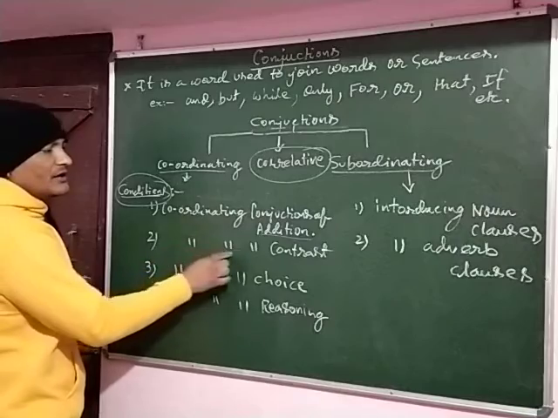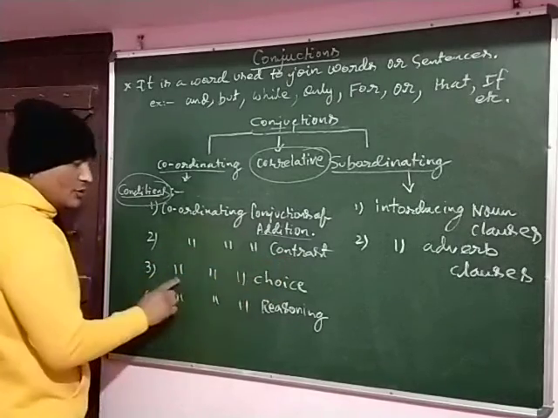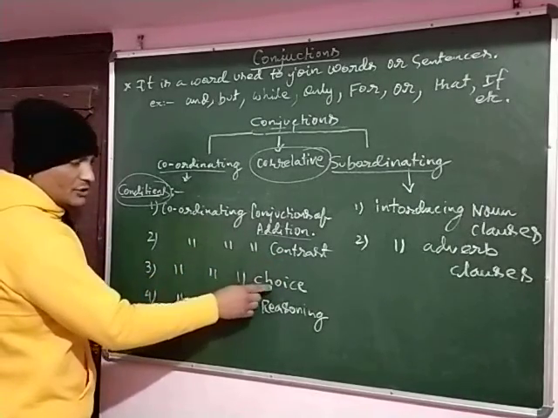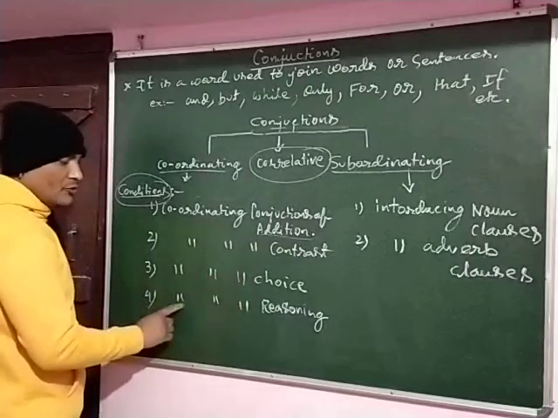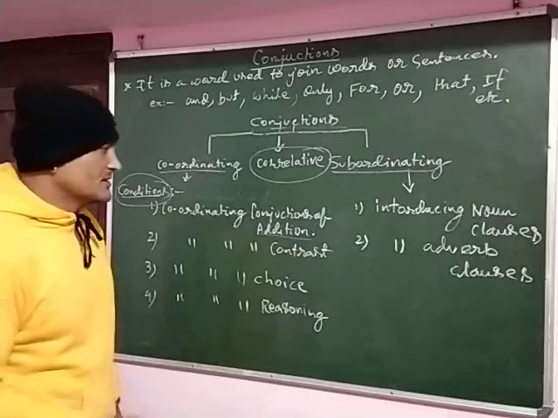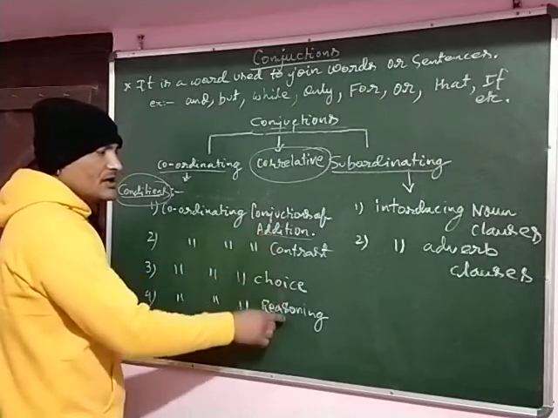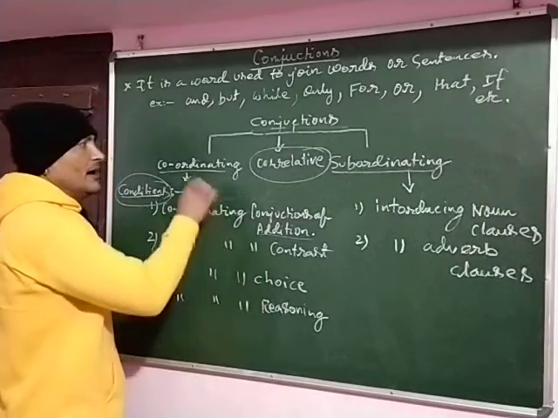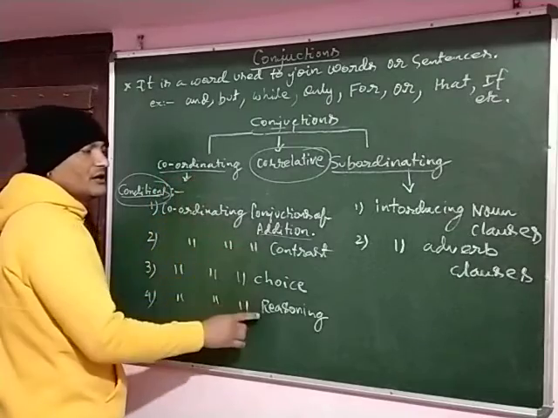Second, coordinating conjunction in contrast, coordinating conjunction for choice in a sentence, and coordinating conjunction for reasoning in a sentence. If the condition exists in this form, then we have to use coordinating conjunctions.